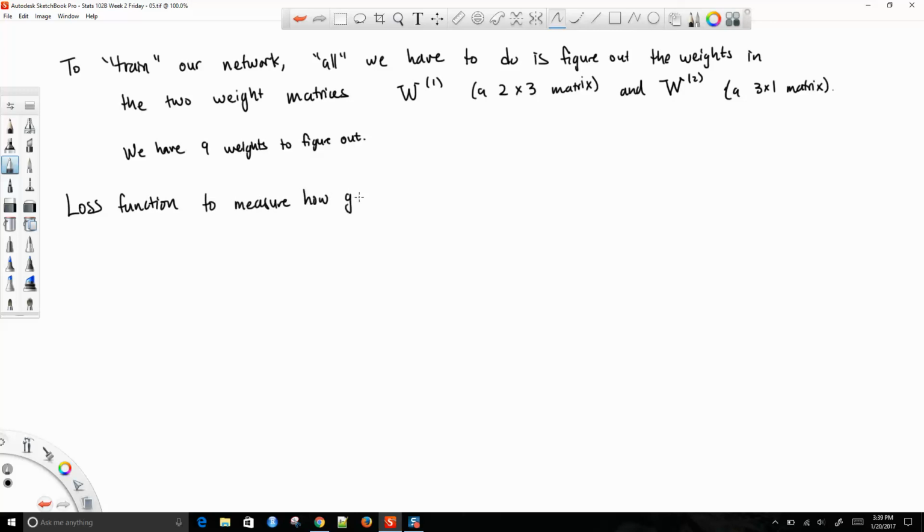Question: how about the F function? Yeah, I'll mention those in a second. Sorry, let me backtrack and talk about the activation functions. There are all sorts of options that we can use for activation functions, and one of the most commonly used is known as the sigmoid activation function.